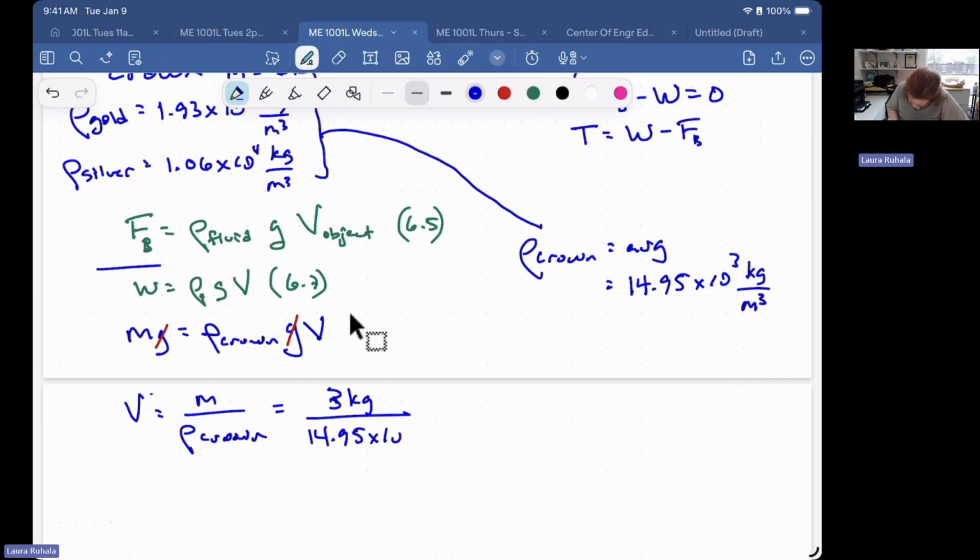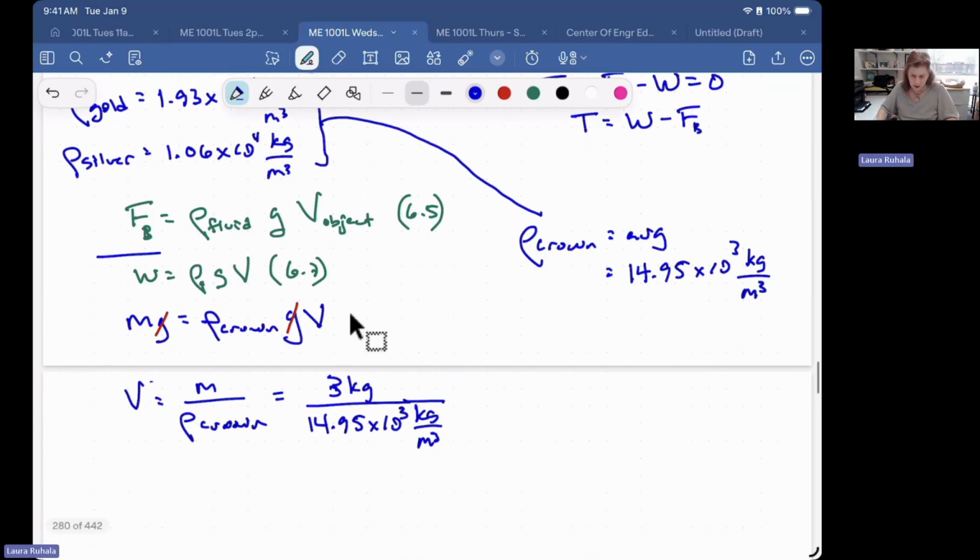You can see where this is definitely going to give us a volume in terms of meter cubed. So the volume is equal to 2.01 times 10 to the minus 4 cubic meter.